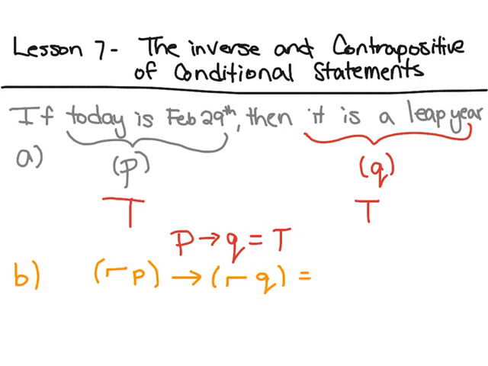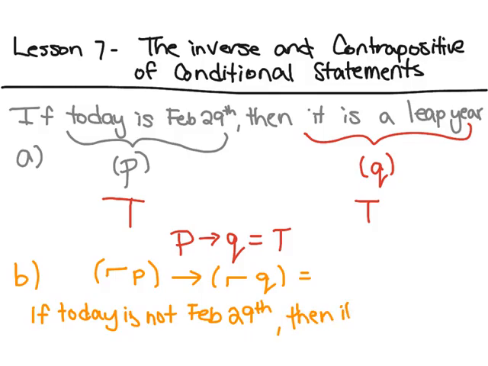So if today is not February 29th, that would be the negation of our hypothesis, then it is not a leap year. So the first part's true: today is not February 29th.